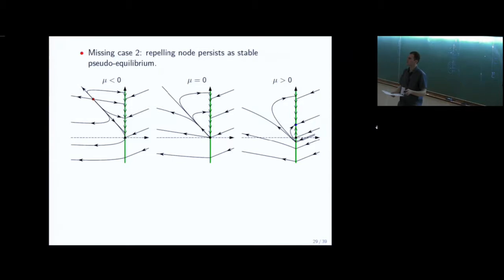And they also missed this case, which I think is quite interesting. So here you've got a repelling node, and despite the fact that the system on the left is completely repelling, you're able to get a stable pseudo-equilibrium. Okay, so 12 cases for boundary equilibrium bifurcations in 2 dimensions.